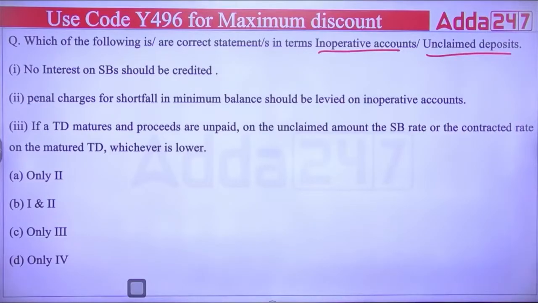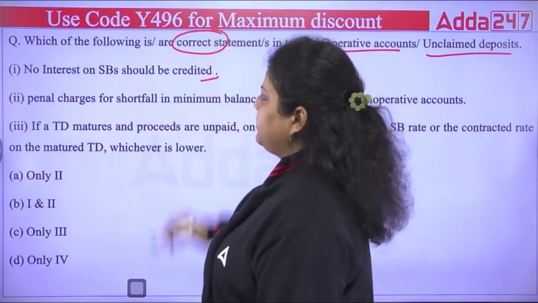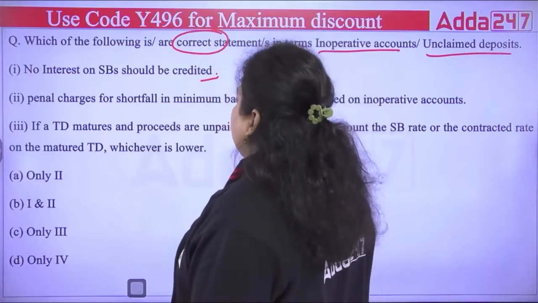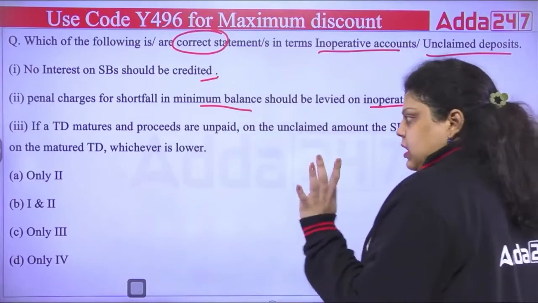The customer has not used the account in a certain period of time, and also the deposit in that account is unclaimed. So the first situation is no interest on the savings bank should be credited. You have to find out the correct one. Penal charges for shortfall in the minimum balance should be levied in inoperative account.